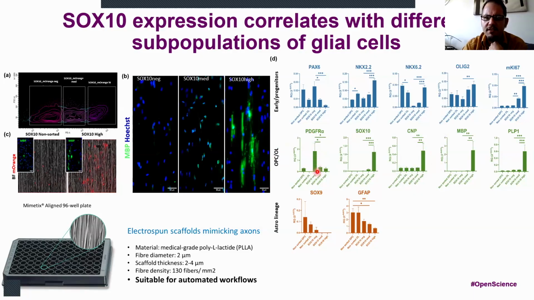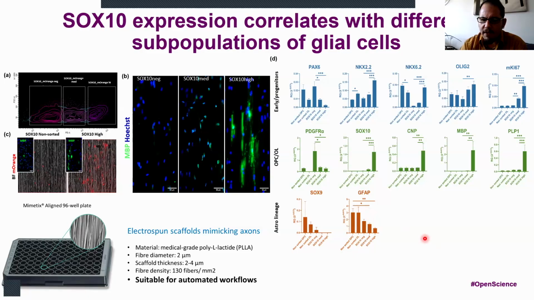It's interesting to notice that the SOX10 negative cells express the highest percentage of PDGFR alpha, meaning that there might be some OPCs that do not yet express high levels of SOX10, and so those remain behind. But most importantly, the SOX10 high cells are the ones that have the least amount of GFAP, which is an astrocyte marker transcript.